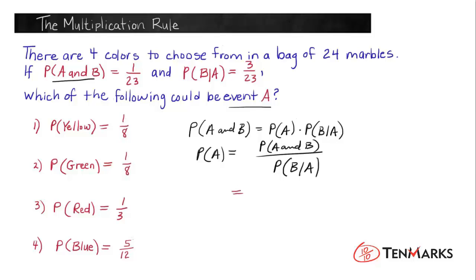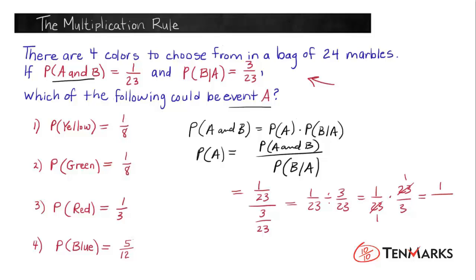We have the probability of A and B is going to be 1/23rd, and the probability of B given A is 3/23. And we're getting that from up here, right inside the problem it was given to us. This gives us 1/23rd divided by 3/23, or 1/23rd times 23/3. And if we want to reduce the 23's ahead of time, that gives us 1 times 1 is 1, and 3 times 1 is 3.